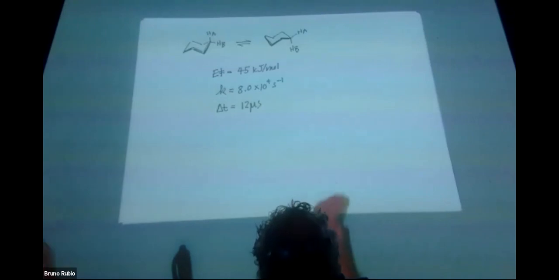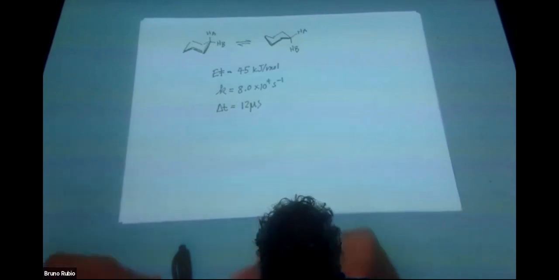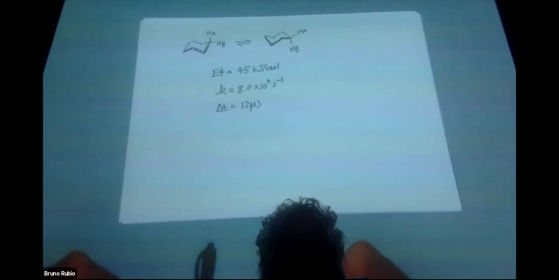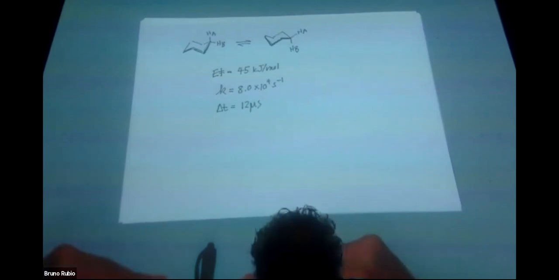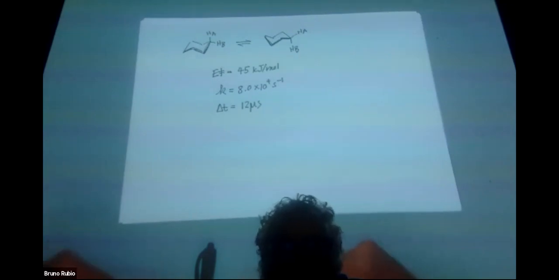So the reason that chair cyclohexane gives us only one peak at room temperature is because the NMR instrument can't tell the difference between an axial proton and an equatorial proton at that temperature, because an axial proton is axial for only 12 microseconds, and it needs to be axial for half a second in order for the NMR instrument to be able to tell the difference between axial and equatorial.